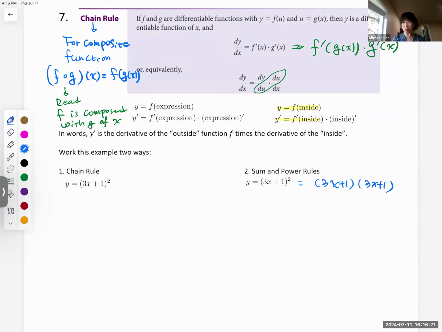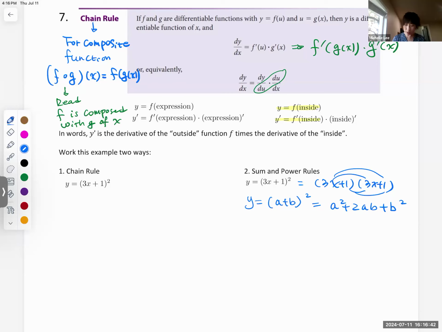We can expand and multiply together, we can do that, right? Or we can use y equals a plus b quantity squared, which is a squared plus 2ab plus b squared.